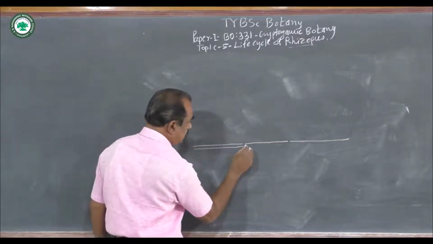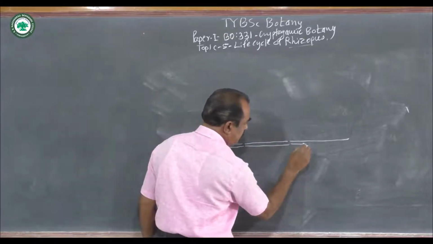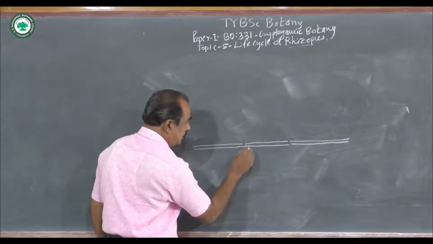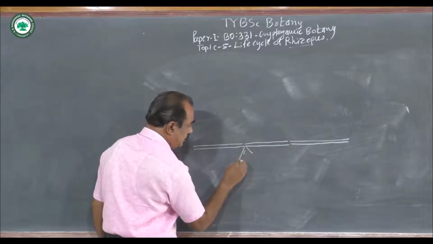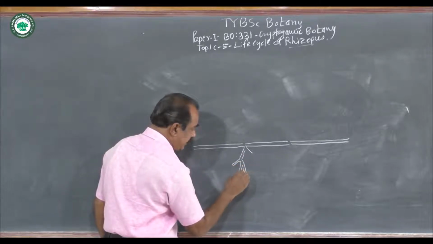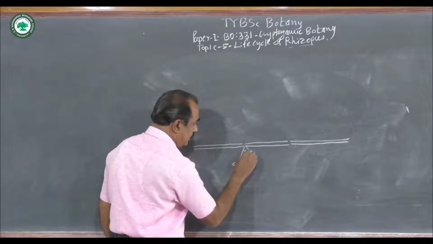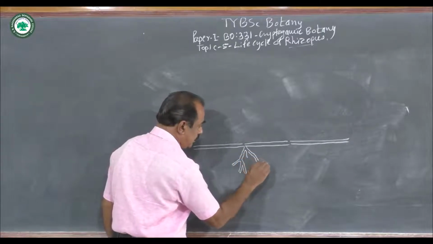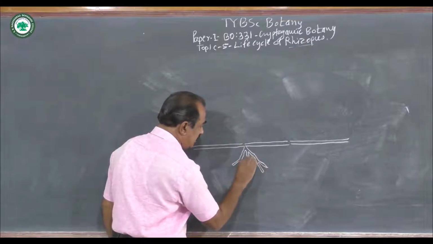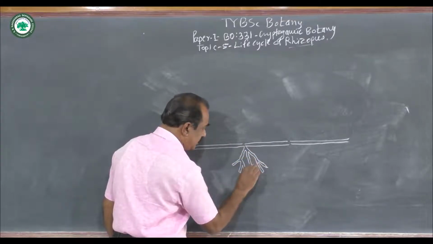So this is the stolon, it is branched, it is white in color. These are the rhizoids, they are branched, they are also white in color.